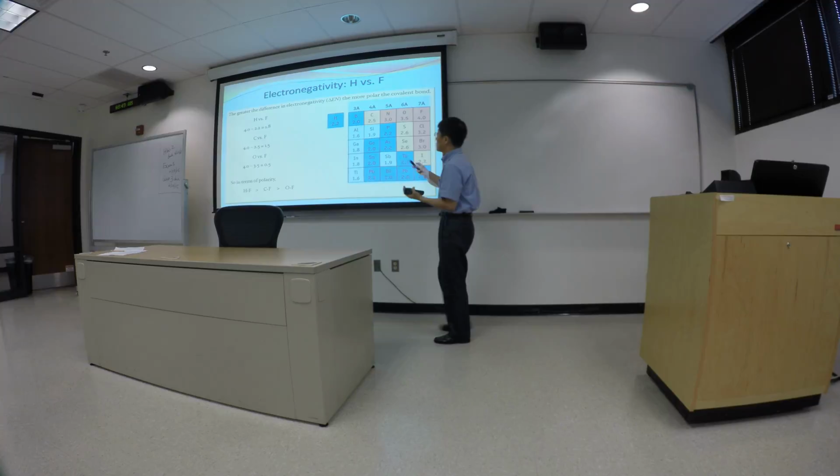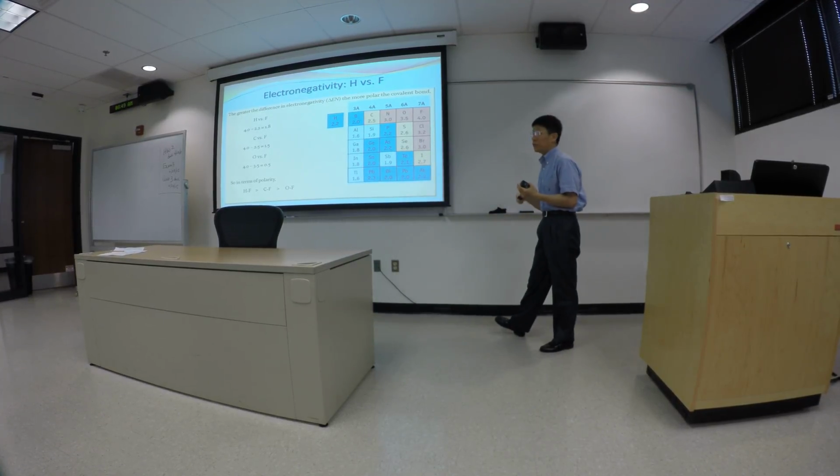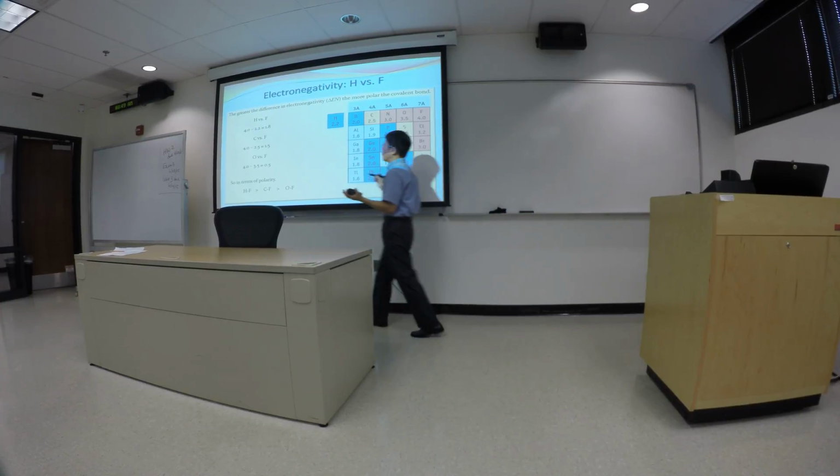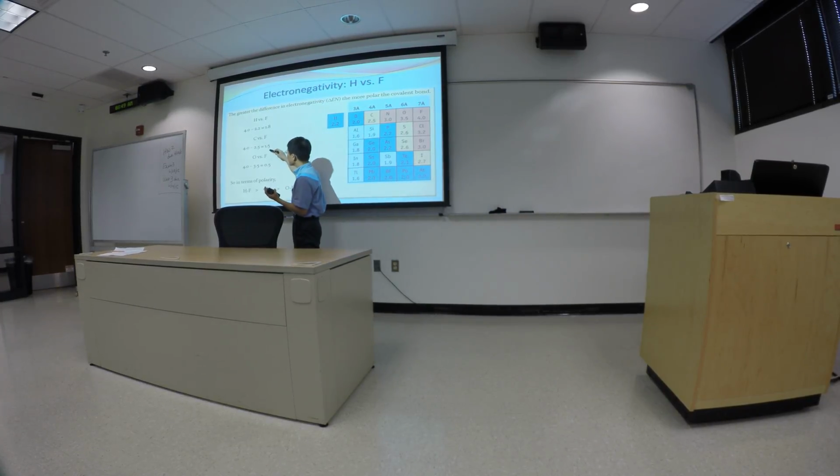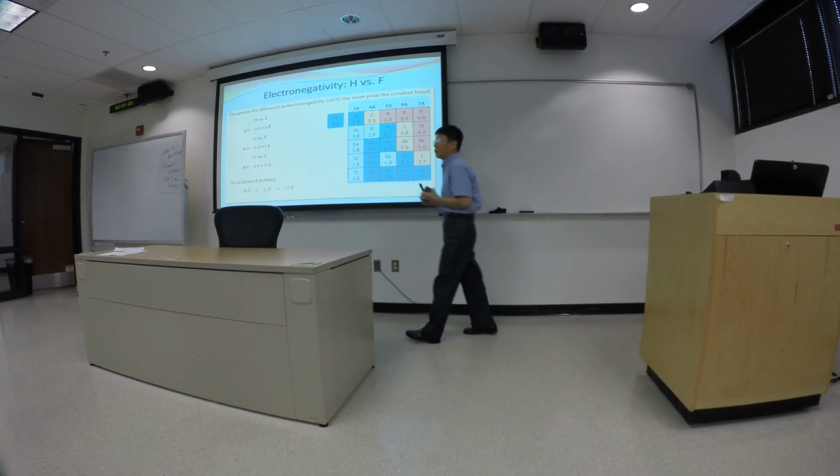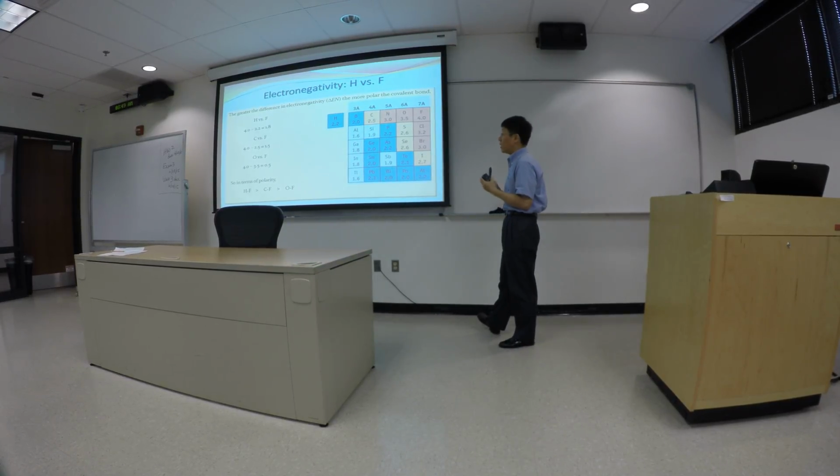When you take the difference in electronegativity, you can see hydrogen fluorine 1.8, and carbon fluorine 1.5. Now 1.8 is a bigger difference than 1.5. So we would say the polarity of the hydrogen fluorine bond is stronger than carbon and fluorine.